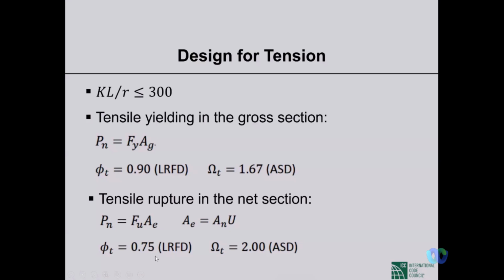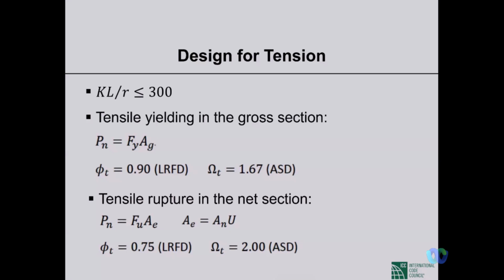And in this case, the phi values and omega values are different. Now, effective area is shown as Ae, that is net area An multiplied by a factor shown as U. It is called shear lag factor. Why do you need this factor? We'll see. Now, An is, for example, if two members are bolted together and one of the members acts as a tension member, at the location of the bolting, there are holes, right?